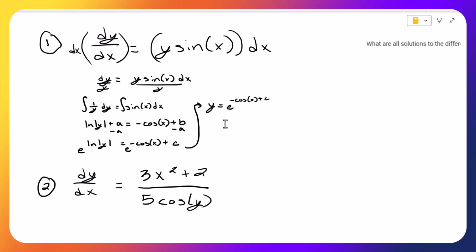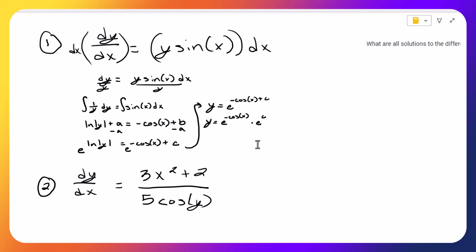And we could leave it like this, but I'm going to take it a step further. I'm going to have us use our exponent rules. Well, when we're adding exponents, what can we do? We can change it to multiplying. So y equals e to the negative cosine x times e to the c. And this e to the c is just a constant.